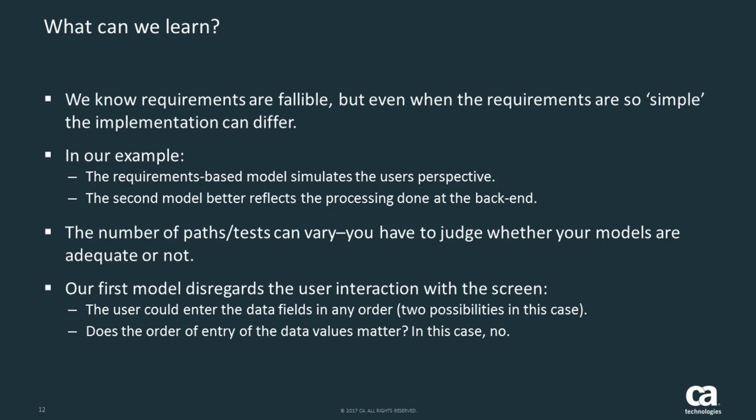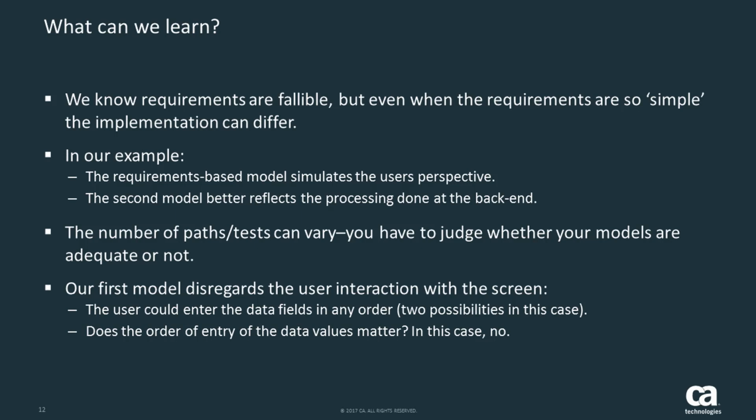It's as simple as that. But the second model reflects how the processing is done at the back end. So it's possible to have both an invalid email address and an invalid password, and these would be reported together. So although either of these invalid situations would cause the credentials to be rejected, the potential is there to have them both processed at the same time, and that's a usability concern on the implementation.